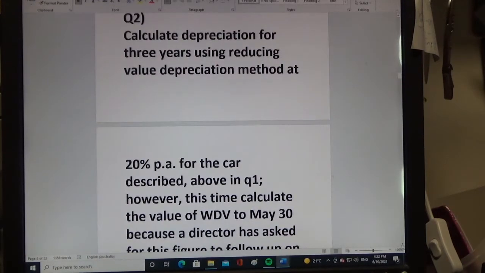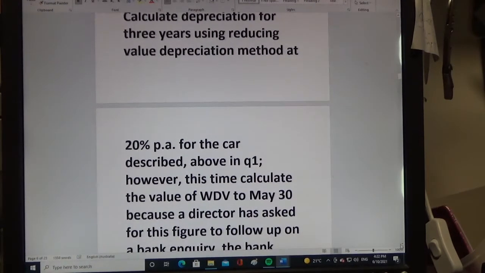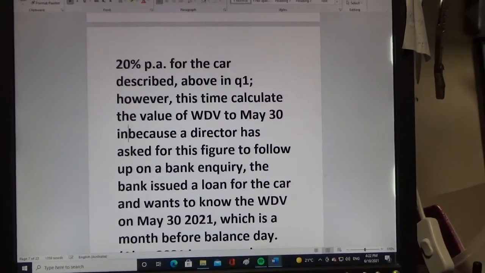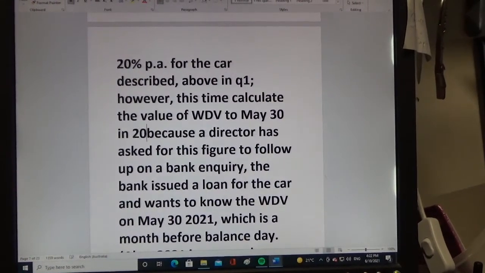Now, question 2 is calculate depreciation for 3 years using the reducing value method, also called the diminishing value method, at a set percentage of 20% for the year for the same car described in question 1. However, this time calculate the written down value to May the 30th in the last year, which is, I'll just add this in, 2021.